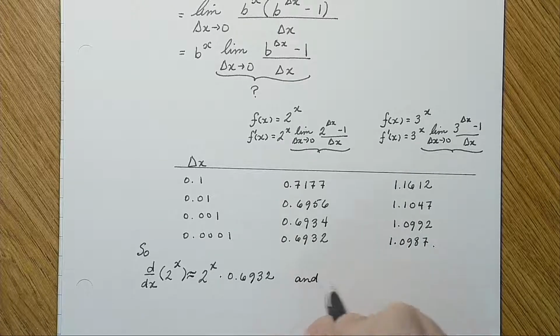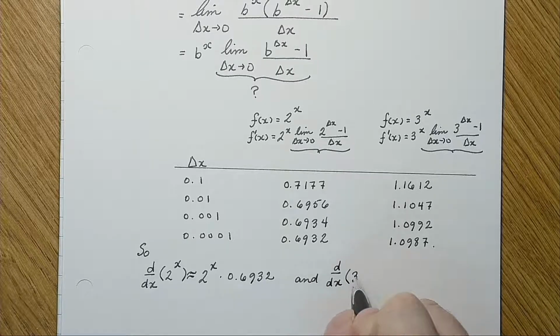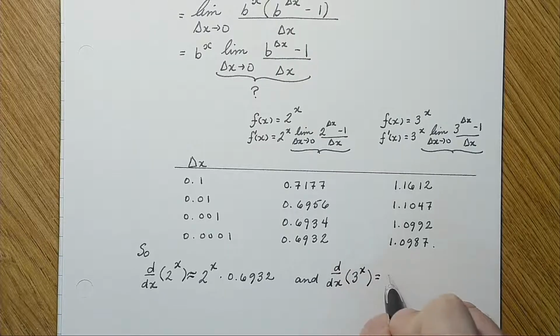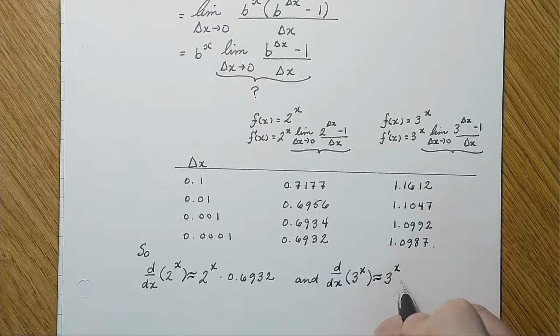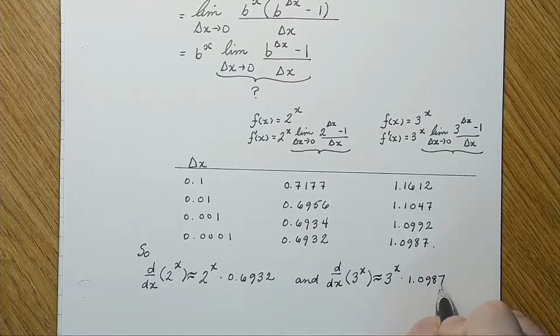And the derivative of 3 to the x is approximately equal to 3 to the x, so itself, times this number out in front here, 1.0987.